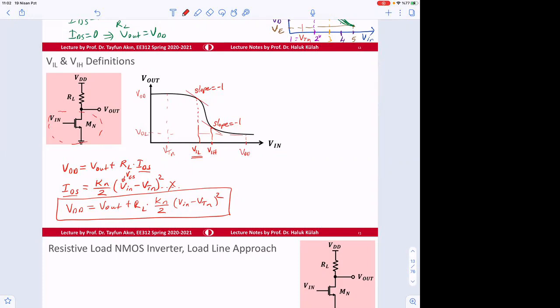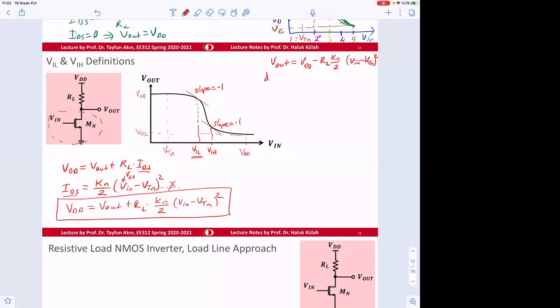One way is this way. I'm going to do this standard way first, but then there are easier, tricky ways to solve this. V out is equal to VDD minus RL Kn divided by 2 times (V in minus VTN) squared.